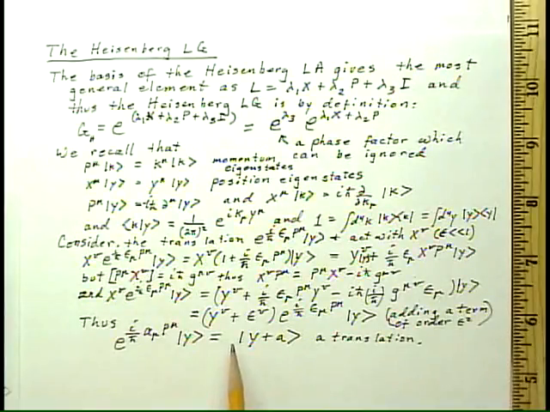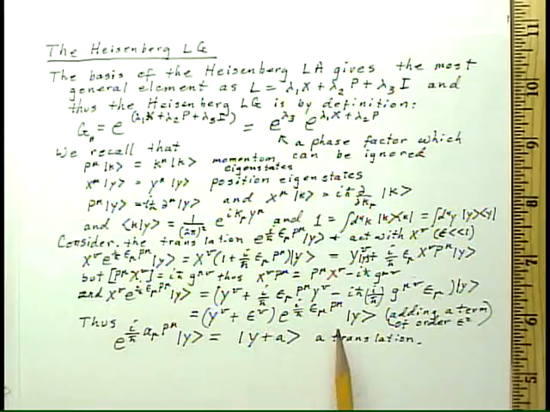Now, collecting that together, we can see that this is y plus epsilon nu times e to the i over h bar epsilon mu p nu. Now, how did we collect that back together? Well, we did that because this term right here is 1 plus epsilon to that order, and so we can add in a term of order epsilon squared without affecting anything.